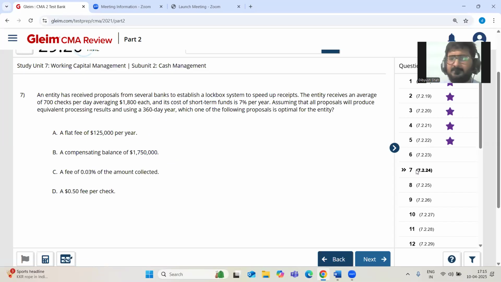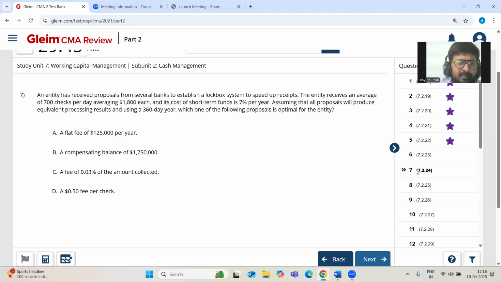Question number 7. An entity has received proposals from several banks to establish a lockbox system. Again, as I discussed with you, lockbox system is another very common way of speeding up cash receipts.